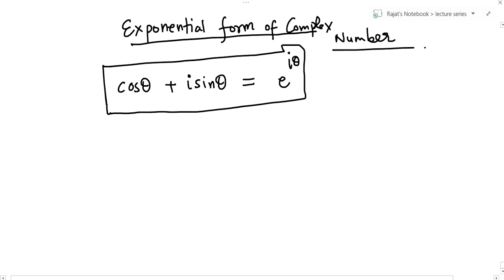Okay, so suppose I have a complex number r(cos theta plus i sin theta), then I can write it as r e to the power i theta. Okay, and this is such a powerful expression that it reduces the complexity of the problem to a very simple level, and I'll just illustrate to you how.